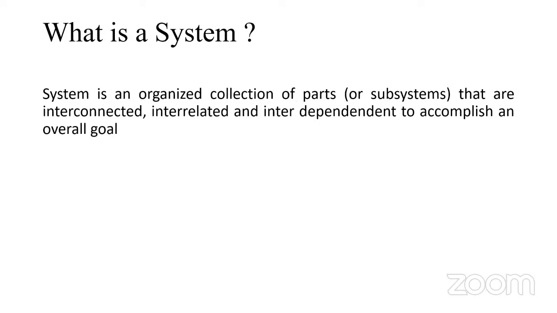Take for example, the HR department does not do its job. Okay, can the organization still deliver its products and services on time? It cannot. Similarly, the accounts department is there. If the accounts department is not doing its job, can an organization deliver its products and services on time? It cannot. So all the departments have to function together.